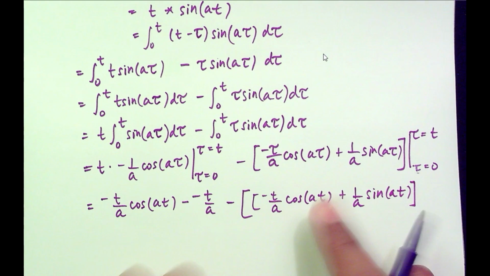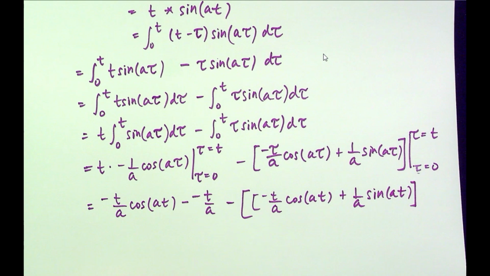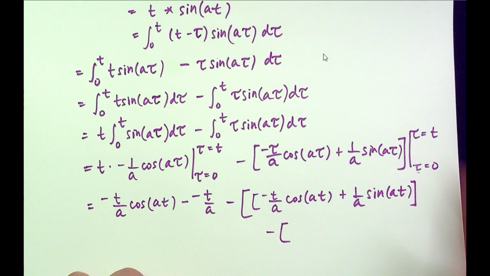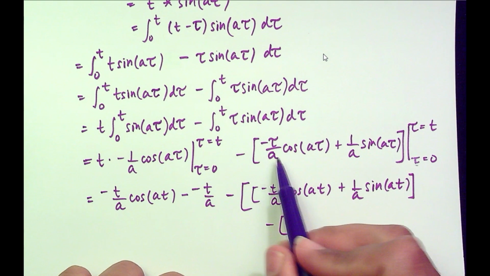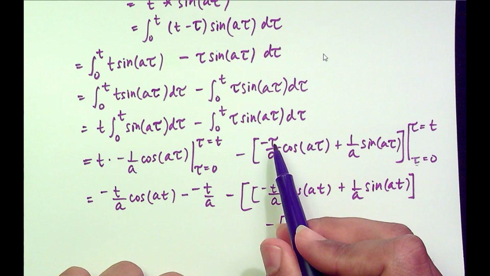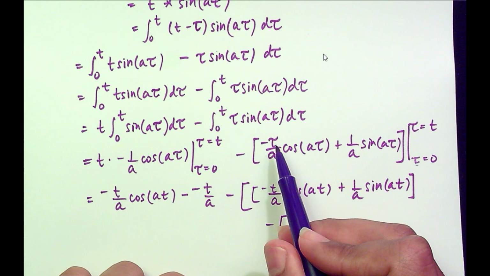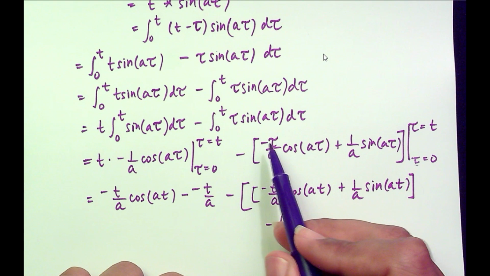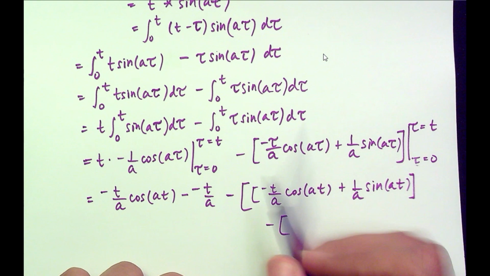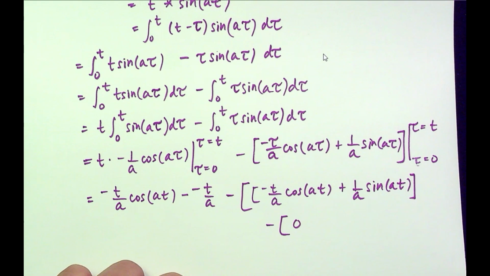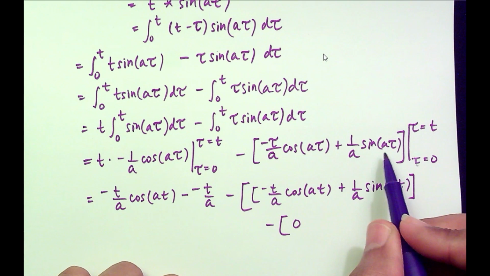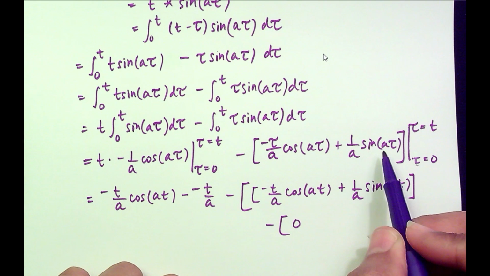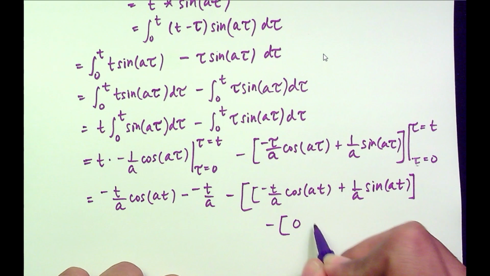So this first bracket is what you get when you plug in tau equals t, minus, and now let's plug in tau equals 0. When you plug in tau equals 0, the first term becomes 0, because you multiply 0 times cosine of 0. And the second term, sine of 0, is 0. So that is also 0.